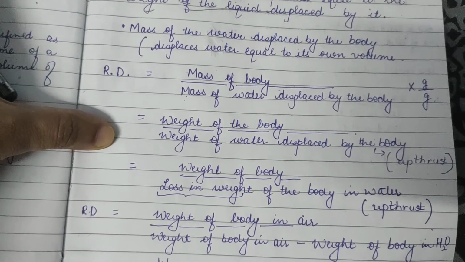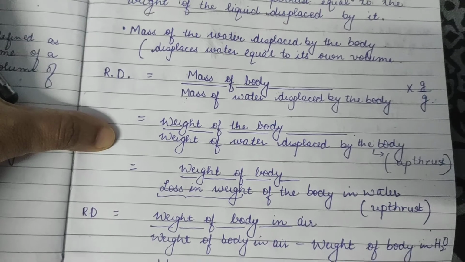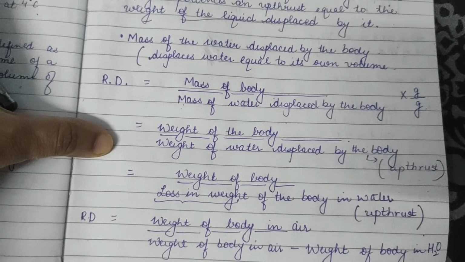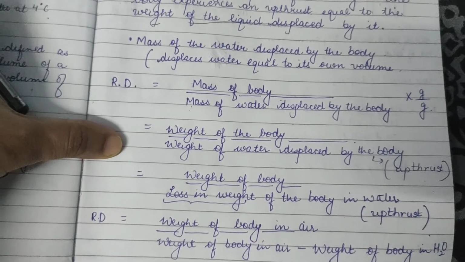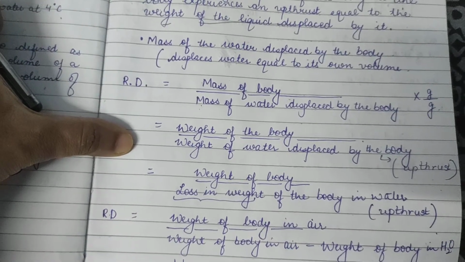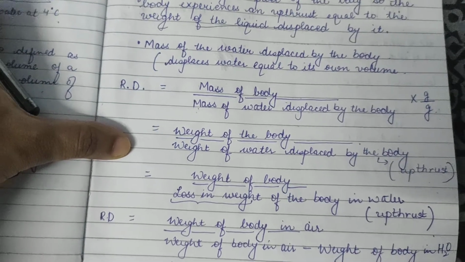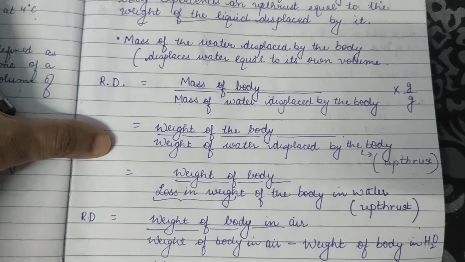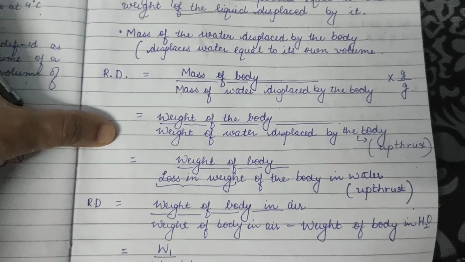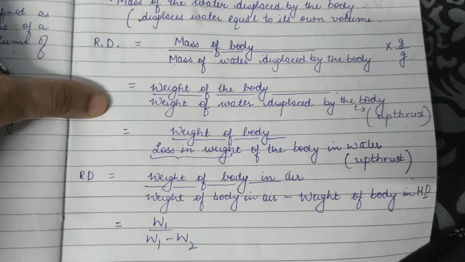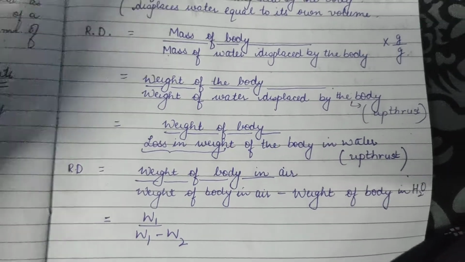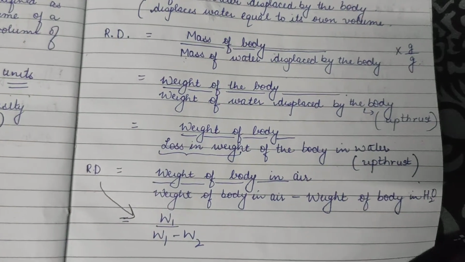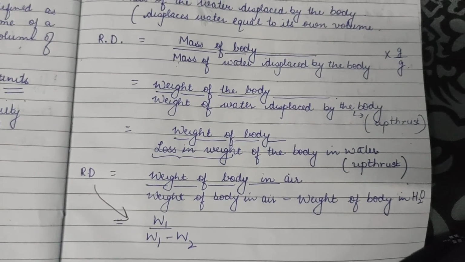That is related to the loss in weight of the body, the apparent weight we are getting. The apparent weight is equal to the weight of the body in air minus the weight of the body in water. If the weight of the body in air is W1 and the weight of the body in water is W2, our formula is W1 upon W1 minus W2.